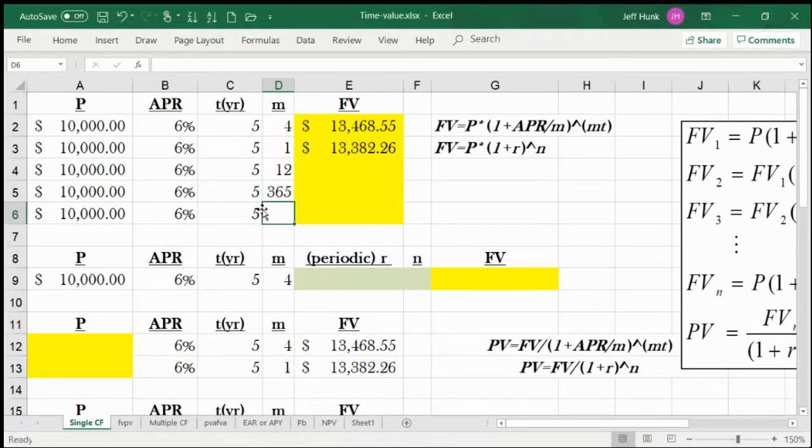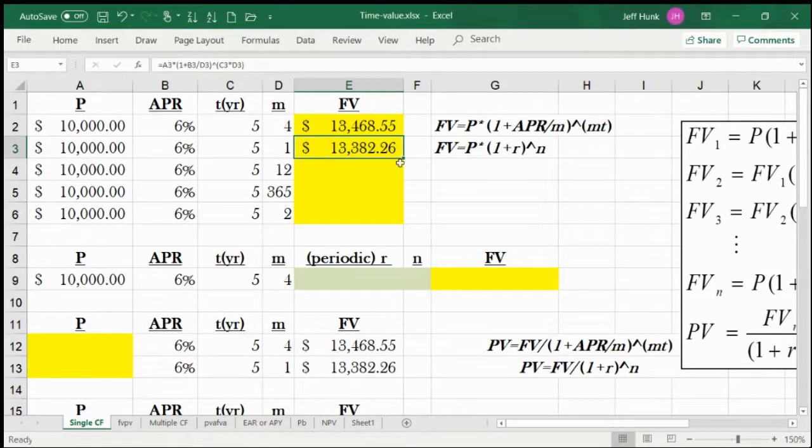What else? Semi-annually, right? So I have different scenarios, with the same input data, where each time the compounding frequency is different.